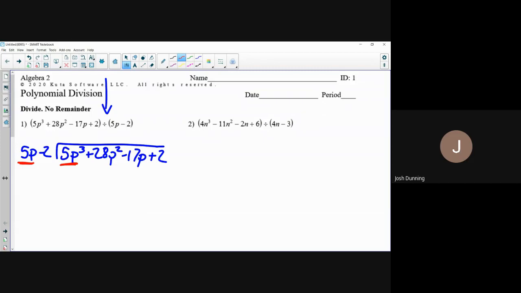I got to make that match p to the third. If I have 1 power and I need to bump it up to 3, I will need 2 more powers. So that's 1p squared I'm going to multiply by to make those 2 terms I underlined in red match. Now, I don't need the 1. All I really need is the p squared.